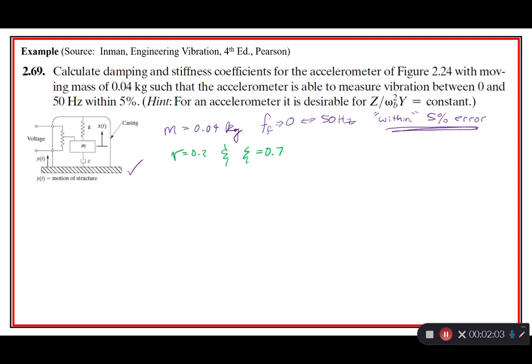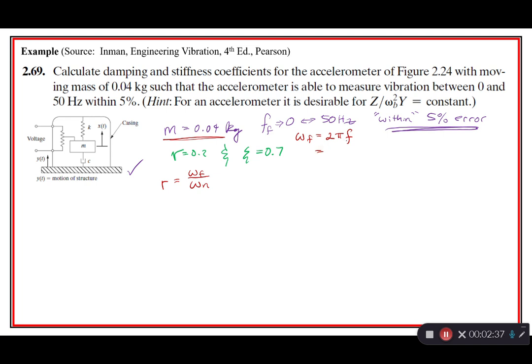So starting out with those two known things, we can already find the natural frequency, and we can find the stiffness because we're given the mass. We know that r is going to be equal to omega f over omega n. So let's find omega f at the extreme of 50 hertz, which is just 2 pi f. Or I could have done it another way.